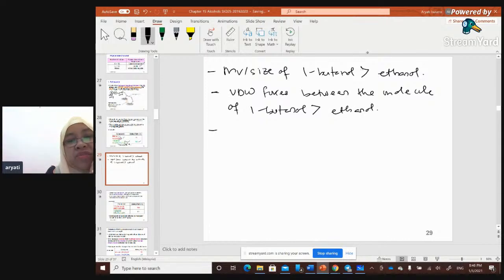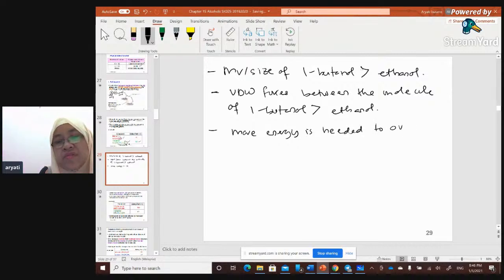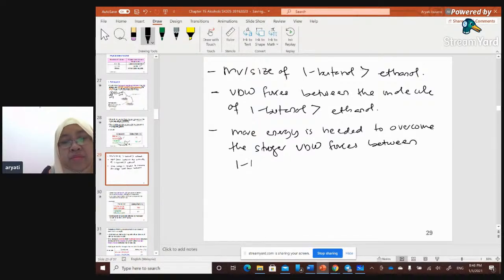Since the forces of 1-butanol are stronger, more energy is needed to overcome the stronger forces between 1-butanol molecules than ethanol.